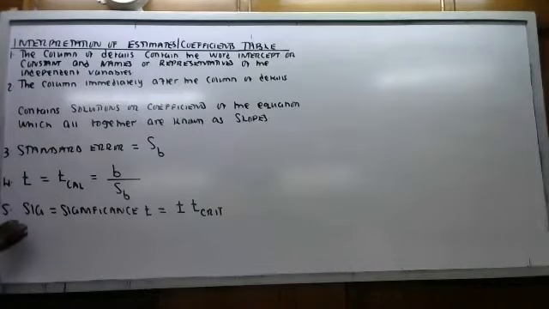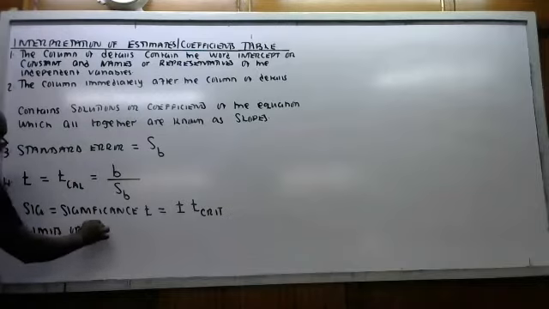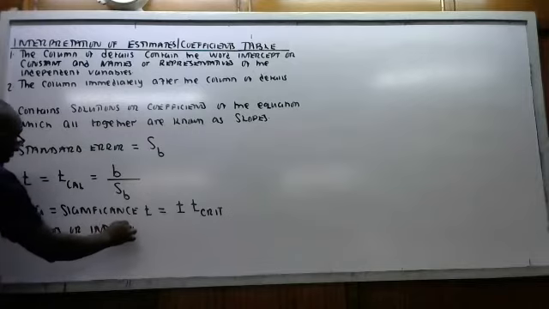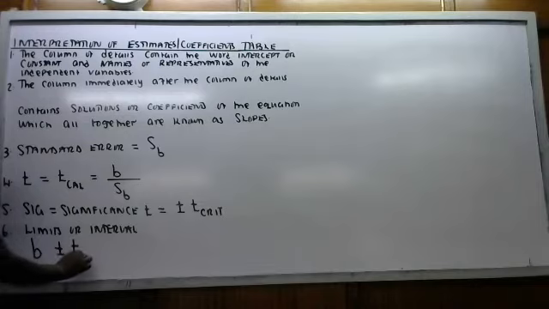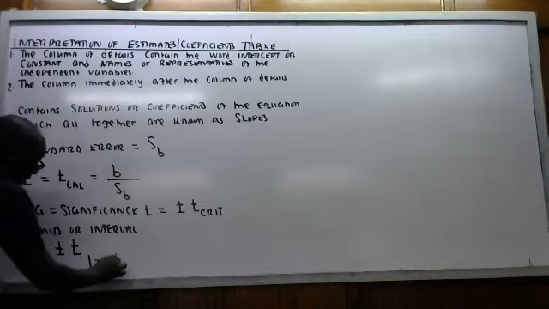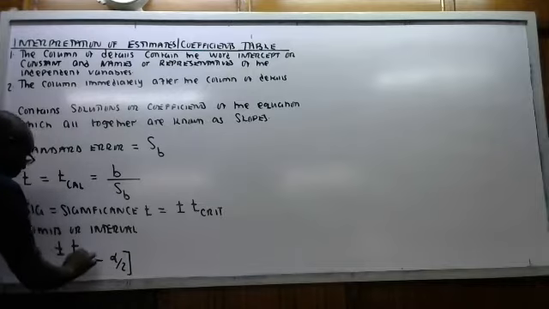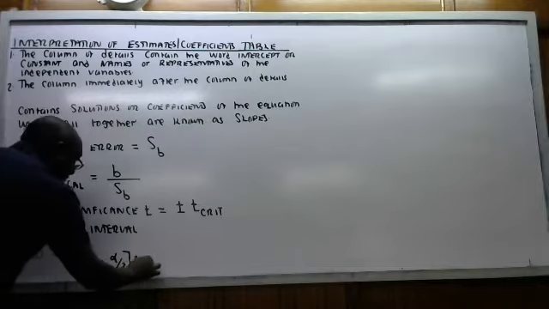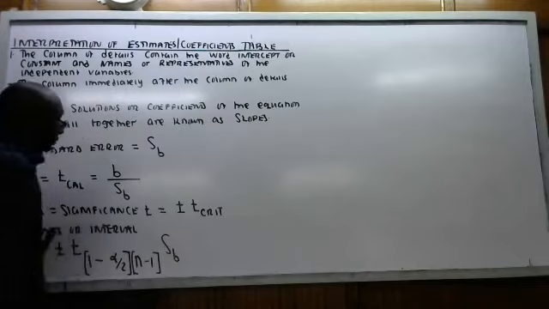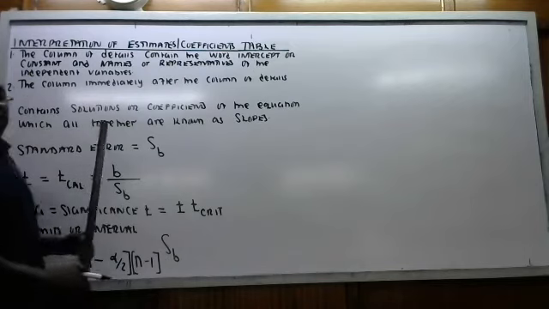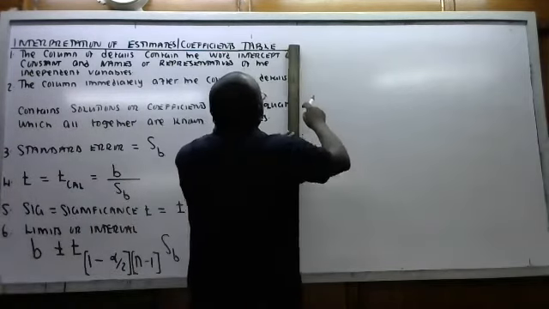Number 6, if you see limits or interval, you use the formula we came across, which is B plus or minus T of 1 minus alpha out of 2, N minus 1, multiplied by SB.